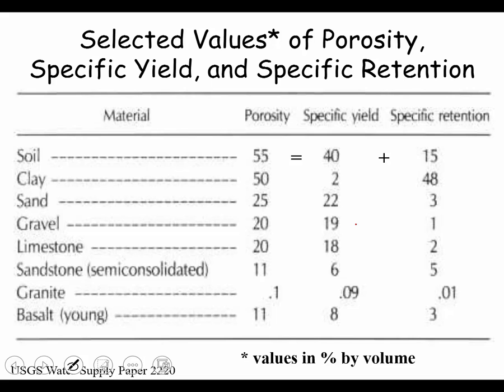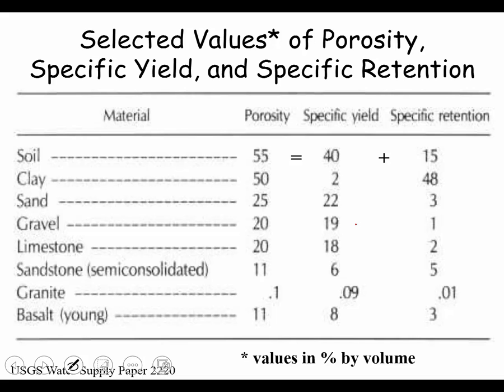Okay. The highest porosity is about 55%, and that's in a well aerated soil. And notice the specific yield is 40. So most of that will drain out. Okay. Now, the next highest porosity is clay. What, 50% is water, but look at the specific yield. Almost nothing.